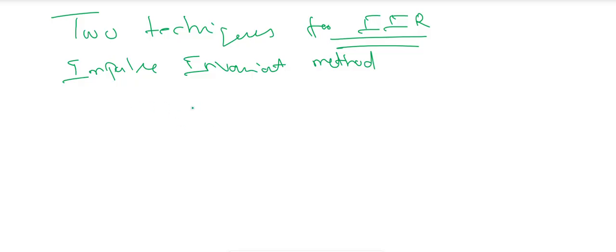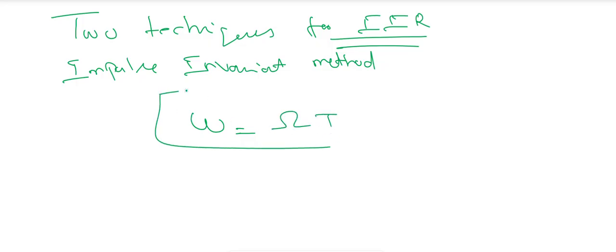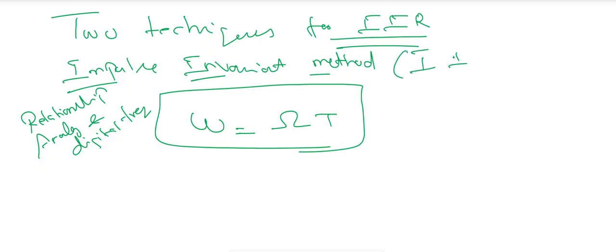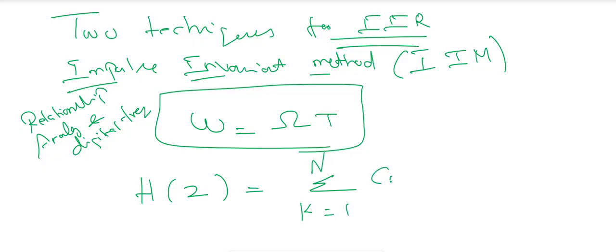The relationship between the analog and digital frequency in the impulse invariant method: we derived the formula omega is equal to omega T. And the transfer function we derived, H of z is equal to the summation of k equal to 1 to N, c k into 1 divided by 1 minus e power minus p k T into z power minus 1.